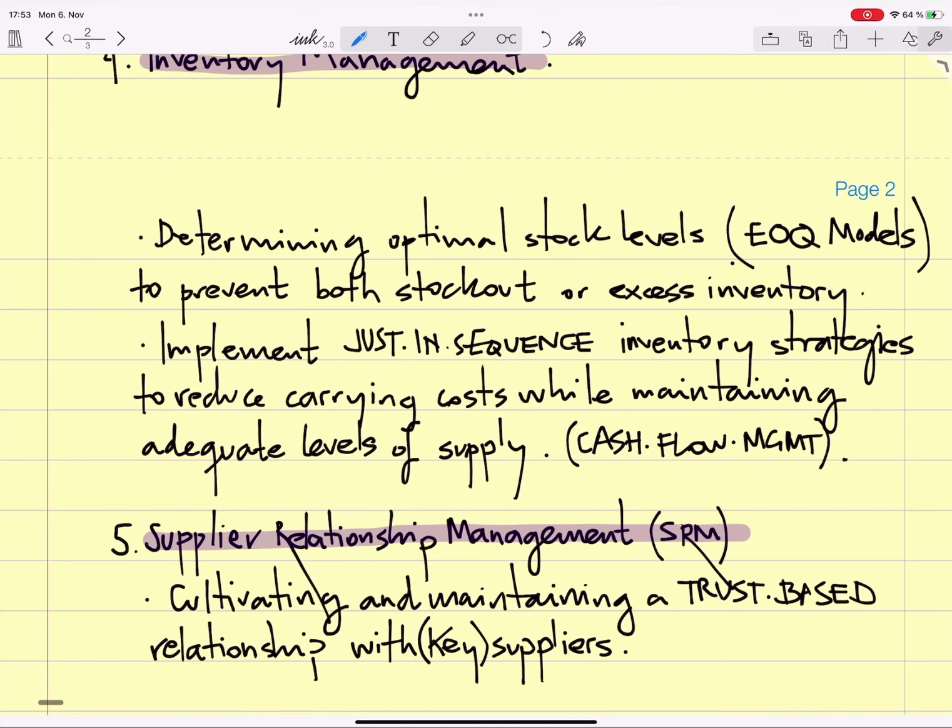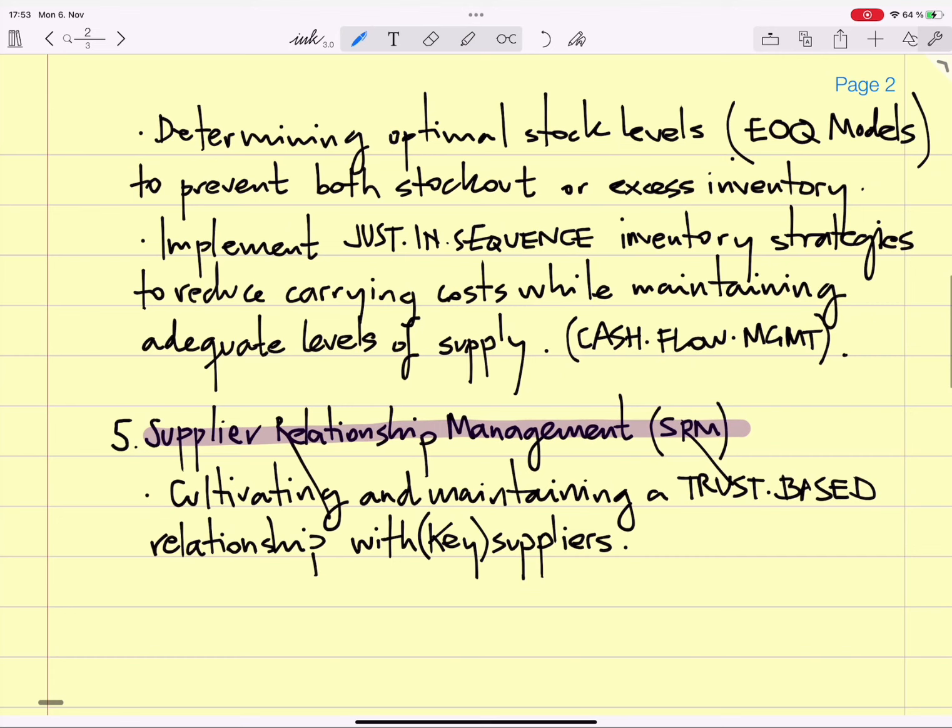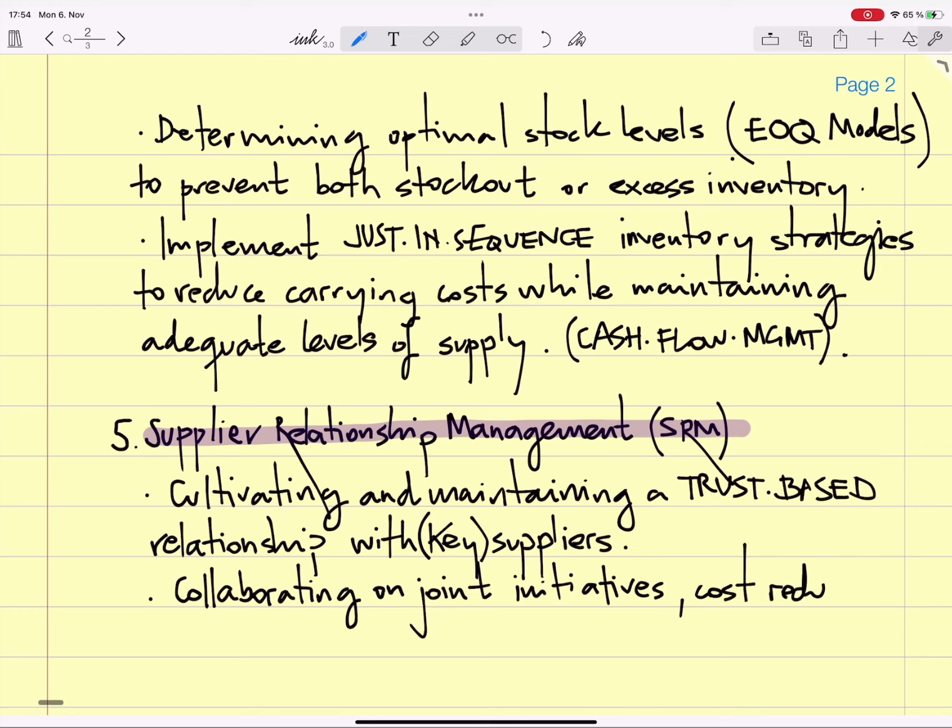I would say almost with all suppliers, but at least with your key suppliers, you need to keep them warm. So the last point here is collaborating on joint initiatives, cost reduction efforts.